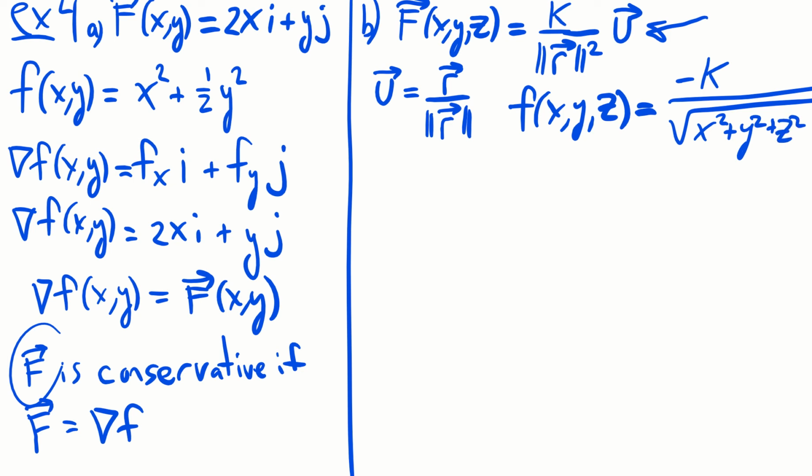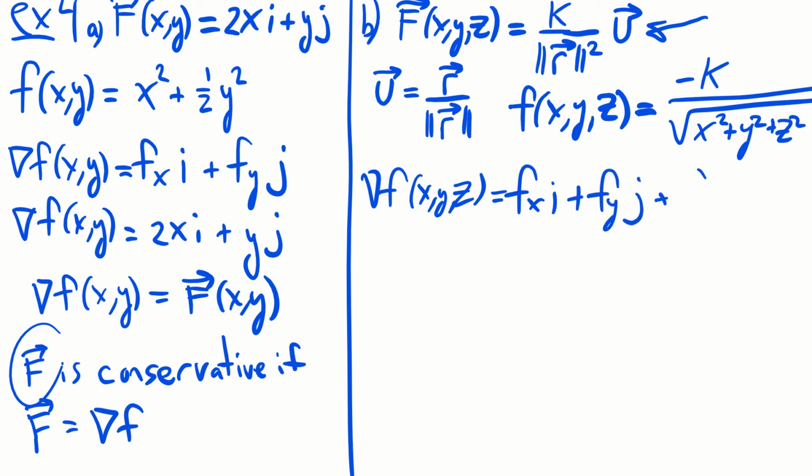Let's see if this is true. In order to do this, we would need to calculate the gradient of f. We know that this is going to be the partial of f with respect to x, i, plus the partial of f with respect to y, j, plus the partial of f with respect to z, k.